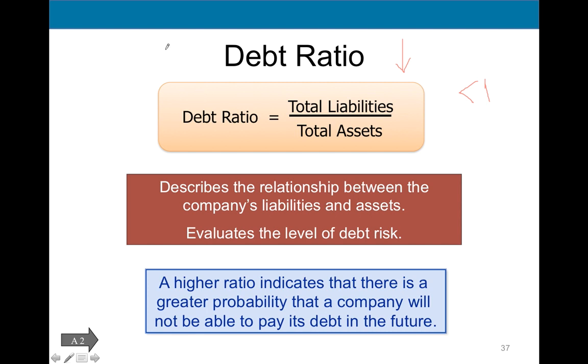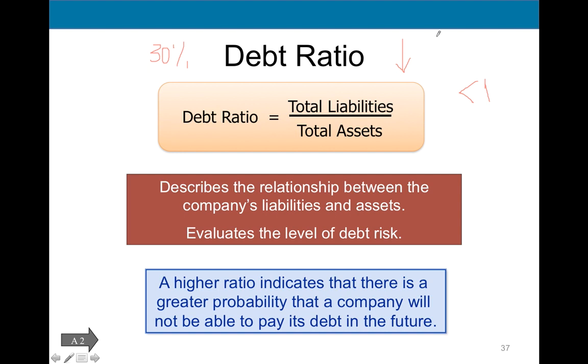So if, for example, this ratio is 30% or 0.3, it means that for every dollar of assets, 30 cents are financed with liabilities, and 70 cents are financed with equity, which is good.